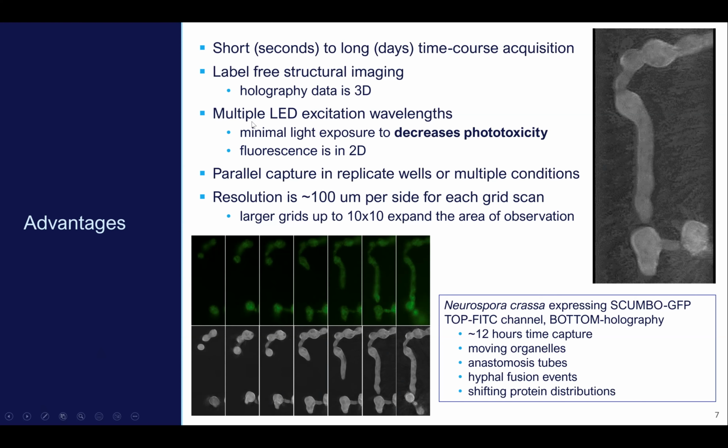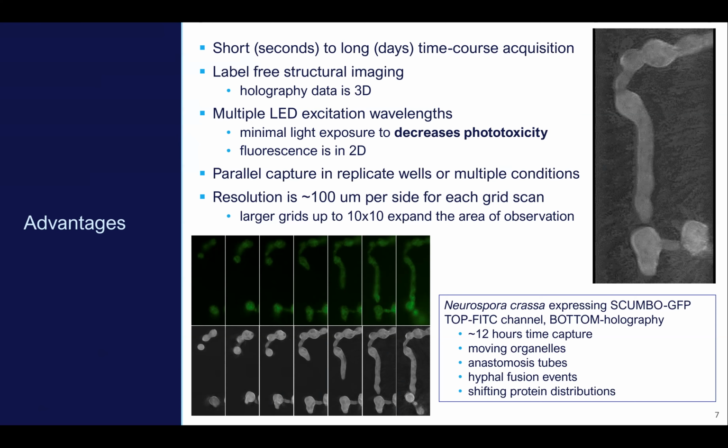There are multiple LED excitation wavelengths. We also have a fairly short light exposure during the acquisition that decreases phototoxicity compared to laser scanning confocal microscopy that tends to have much longer dwell times and either kill your cells or kill your fluorophore.